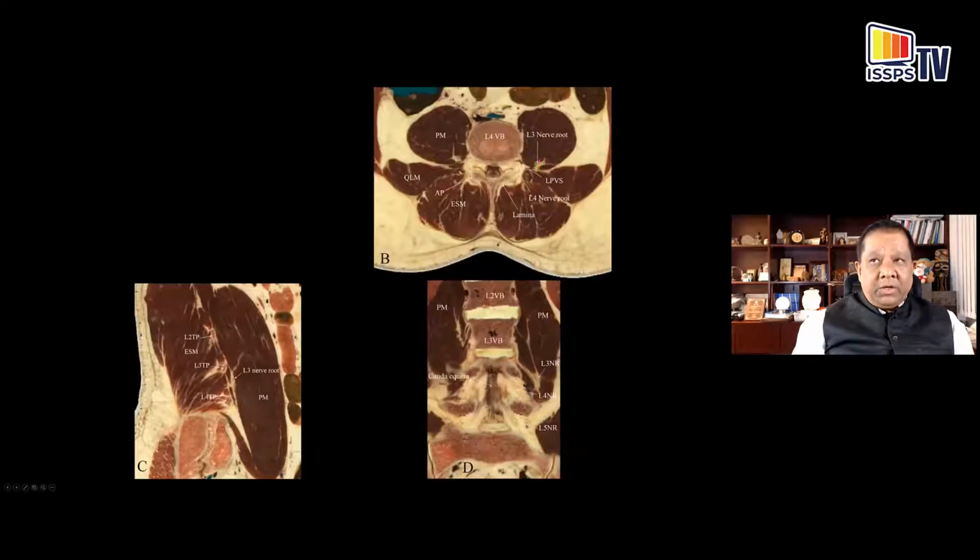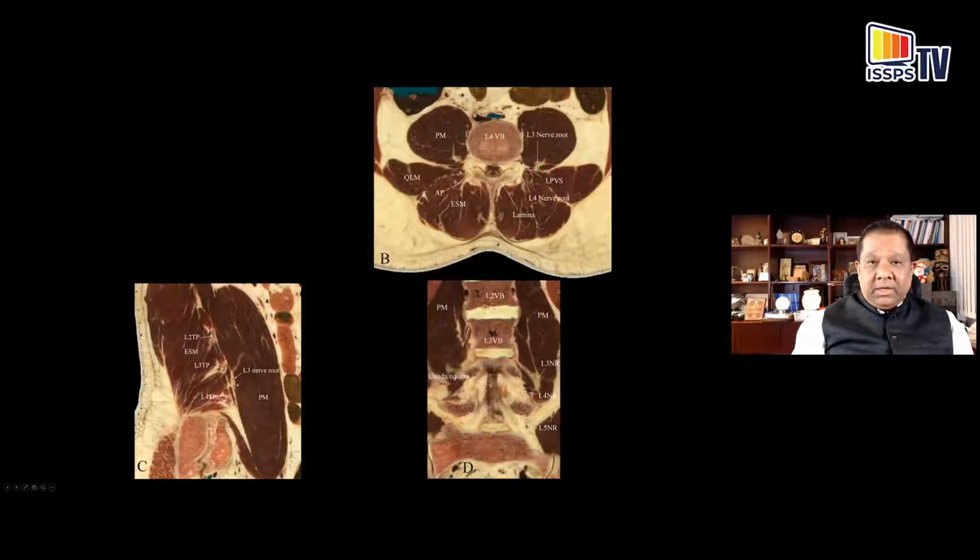One of the advantages of using the Visible Human server is you can slice up the anatomy in different planes, and then you can look at the same structure in a multiplanar view. As you can see here, this green crosshair has been placed on the L3 component of the lumbar plexus, and we can immediately see it in the same location in the sagittal plane and in the coronal plane.